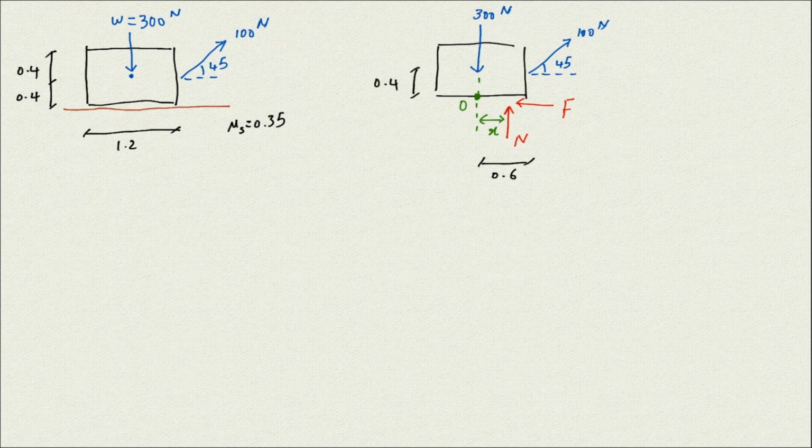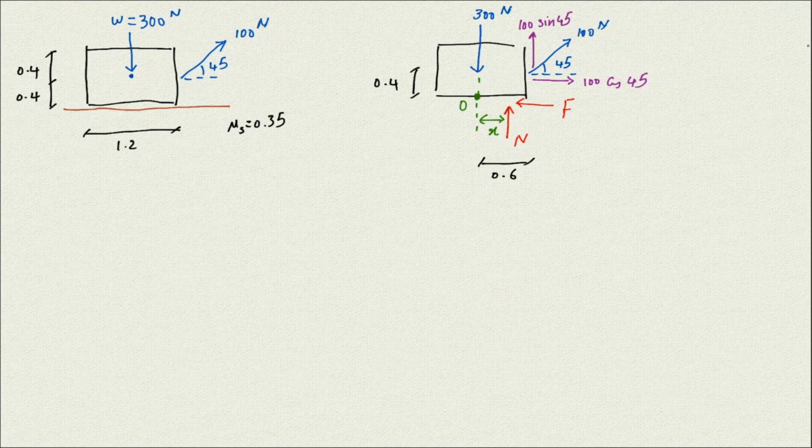Before I do the solution, I will go ahead and find these force components, so this one is going to be 100 Newton cosine 45 degrees, and this one is going to be 100 Newton sine 45. So this is our free body diagram.